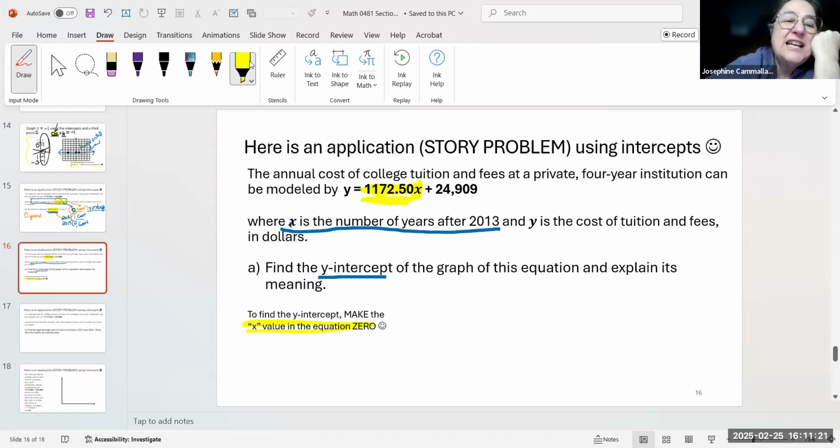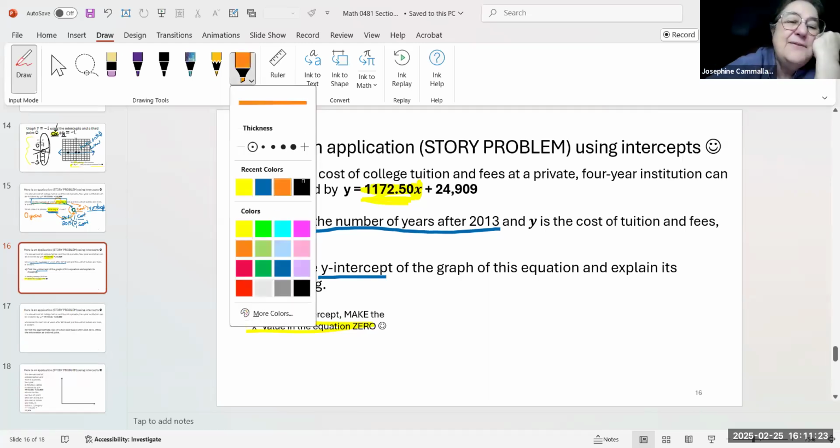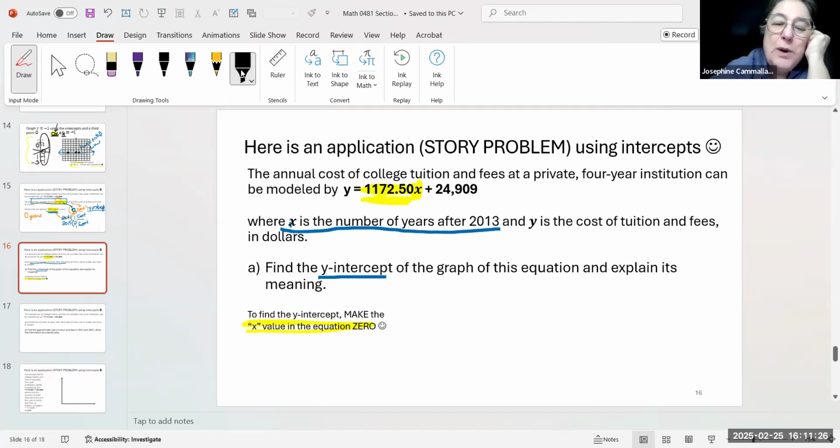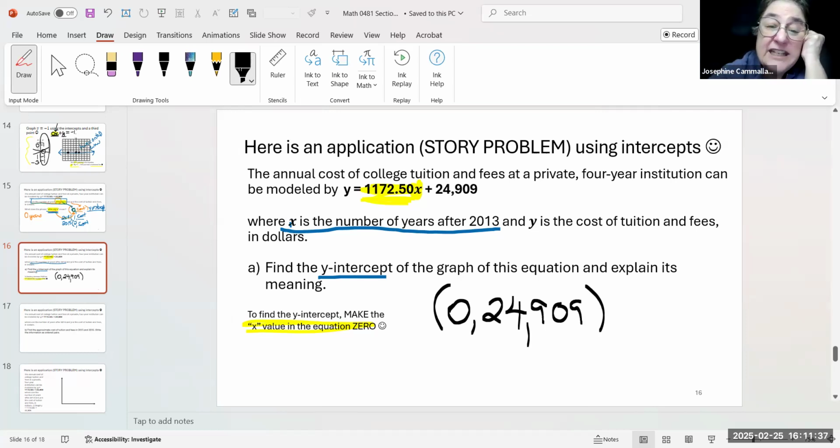And what does it leave me? It leaves me the cost, which means it's $24,909. This is my Y-intercept. It is the cost that was January 1st in 2013. That's when I started taking data.